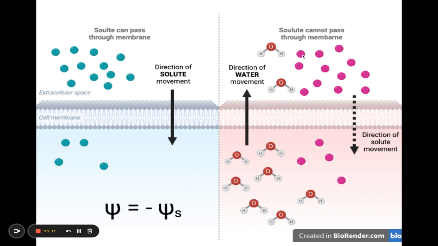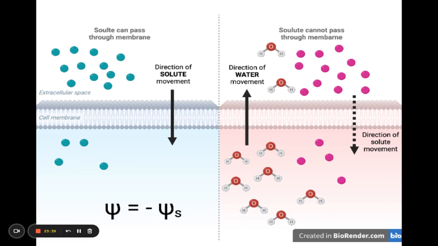There's also more on the outside than on the inside of the cell. And the dotted arrow shows you the direction in which this solute would move if it could pass through the membrane or if there was a channel protein.